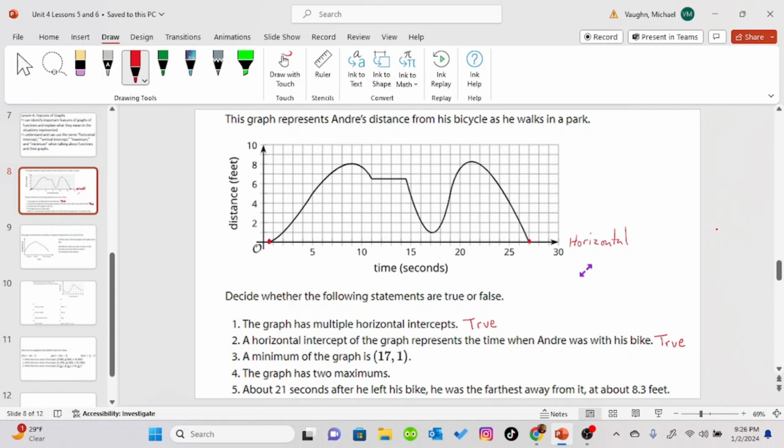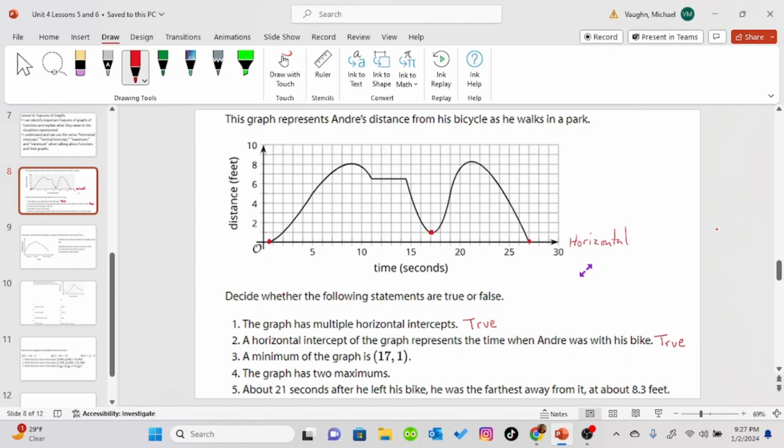Number 3, a minimum of the graph is 17.1. So they are talking about this point right here at 17.1. If this were a minimum, it would have the smallest y value.